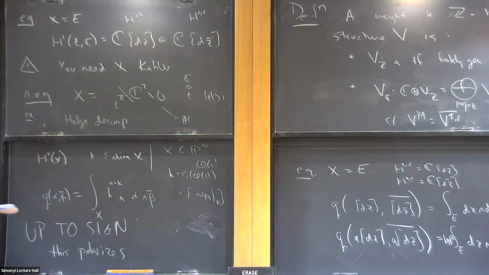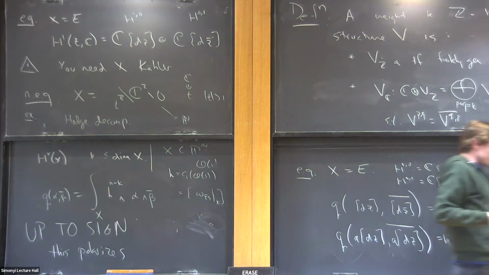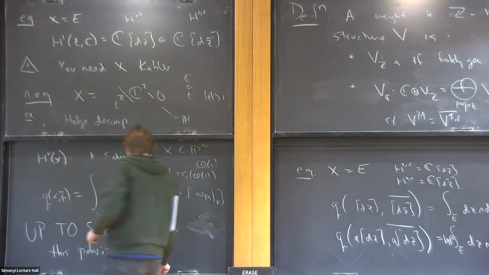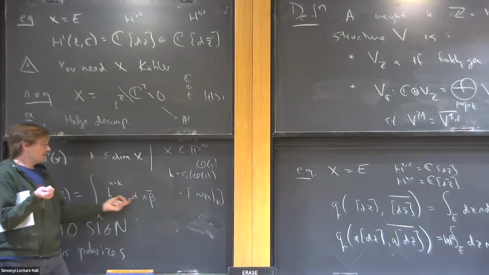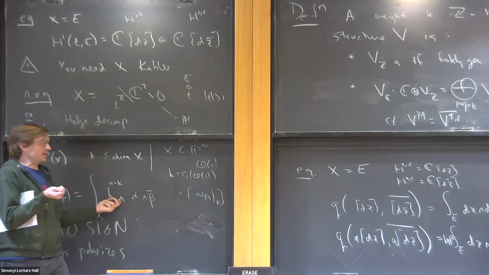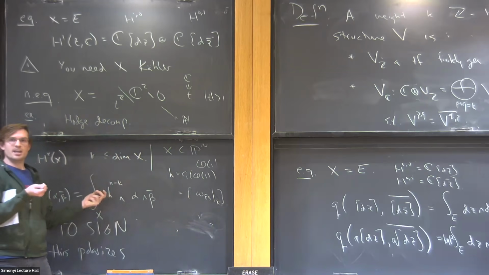So you don't see this in H^1. Let me just briefly describe the kind of thing that can happen if you think about H^2. Okay, so for (2,0) forms and (0,2) forms, there's no problem. This will have the correct sign. But if you look at type (1,1) forms, there's kind of two things that can happen. They can either look like a multiple of the Fubini-Study form itself, in which case you'll get one sign here, or they can look like something which is sort of perpendicular to this, in which case you'll get the other sign.